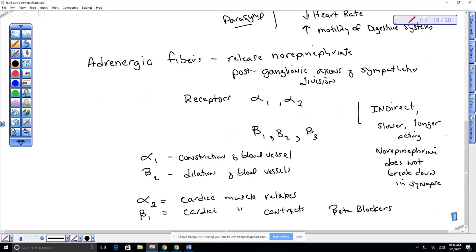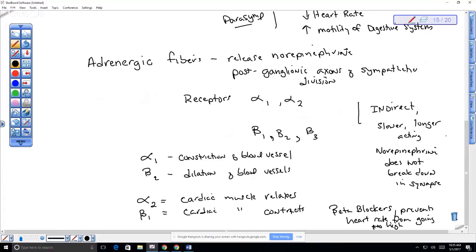Let's say that you have tachycardia, which is elevated heart rate, and that tachycardia could cause a fatal arrhythmia, like ventricular fibrillation. Beta blockers would block the beta-1 receptors on the heart, and so prevent the heart rate from going too high.